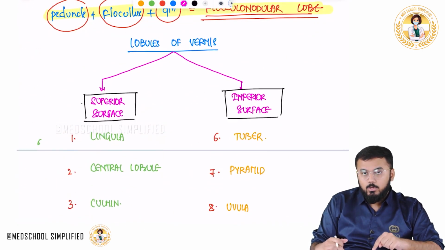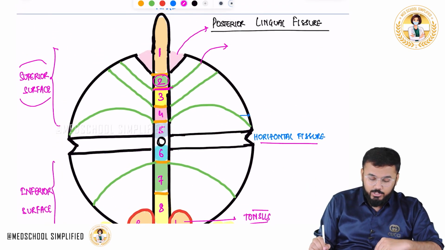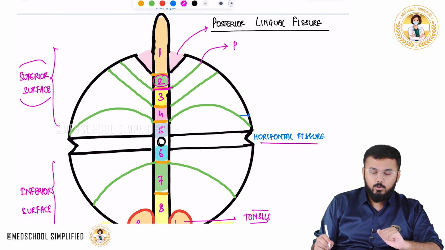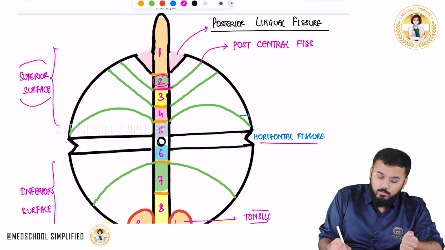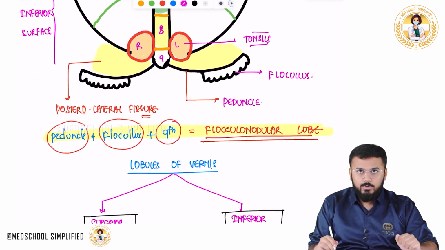What is the second lobule called? The second lobule is called the central lobule. Is this fissure behind the central lobule or in front of it? This fissure is behind the central lobule, so behind is called post. This is called the post central fissure.